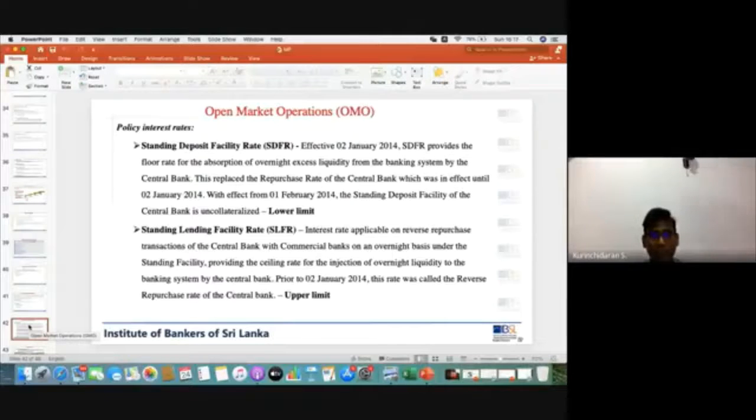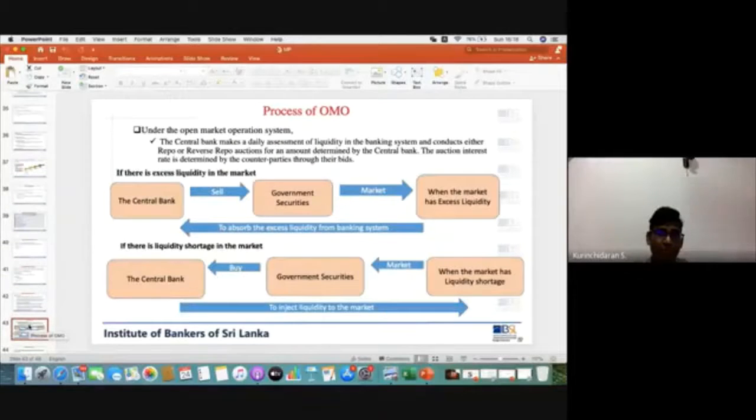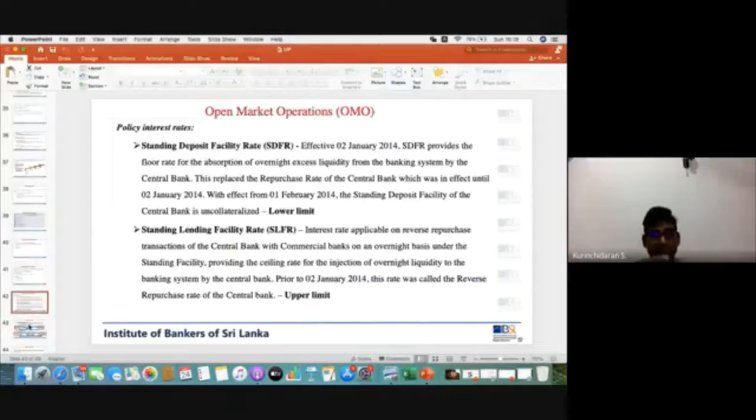If banks want to borrow from the central bank, they can get lending at a rate set under SLFR. Normally, if you set these two rates, we call it an interest rate corridor, right? So the upper limit is SLFR and the lower limit is SDFR. So the interest rate may fluctuate between these two rates.